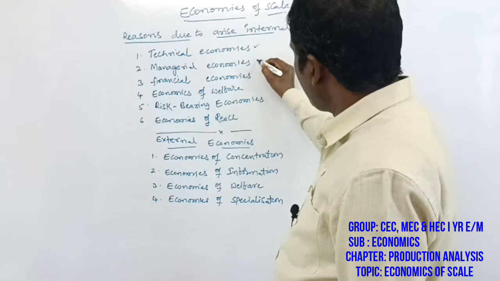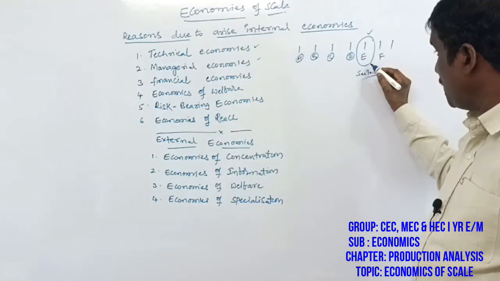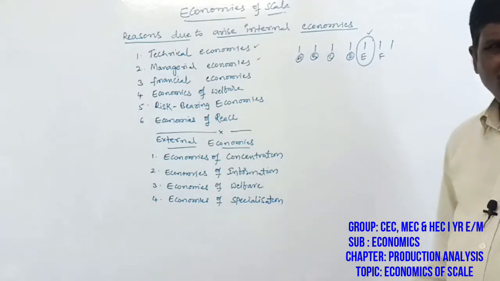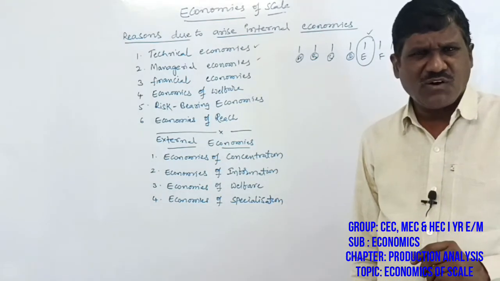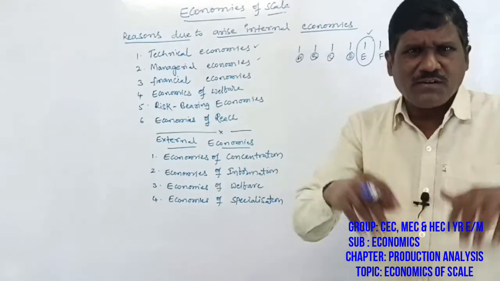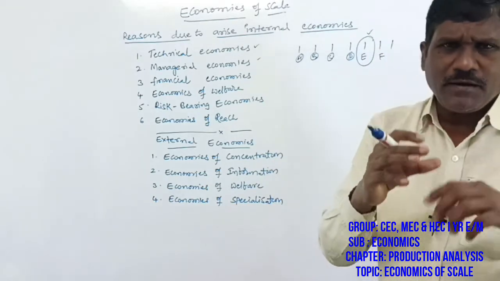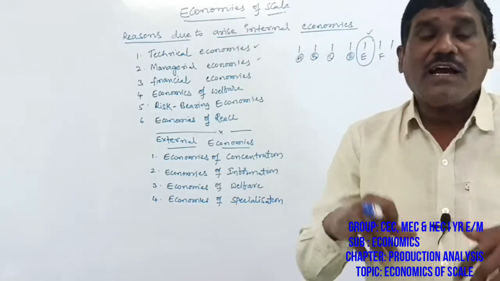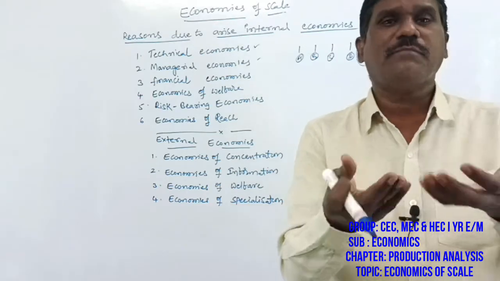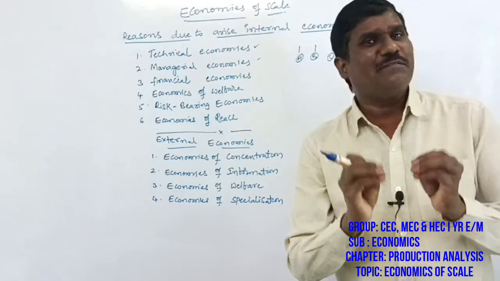Then managerial economies. What is the managerial? The manager of the E firm is a hard worker and always tries to observe the industry. He always tries to get more profits by motivating the laborers, encouraging more working hours, and getting more working hours from the laborers.